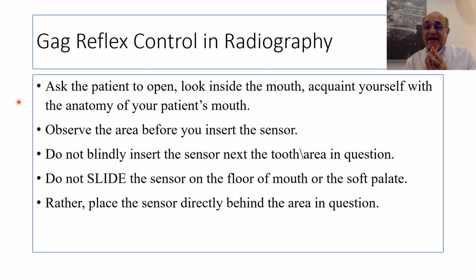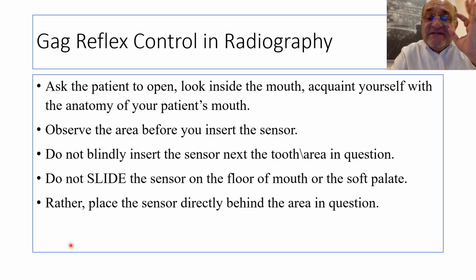Sometimes when we take the x-ray, especially for the posterior teeth, we just blindly insert the sensor on the palatal or the lingual surface of teeth. So please look inside the patient's mouth, see the area, so that you can maneuver. You will know how to insert and where to insert before you insert the sensor.